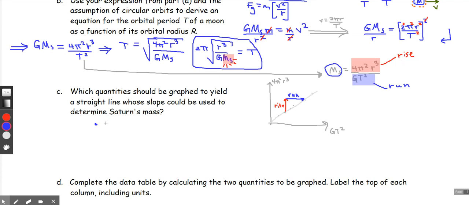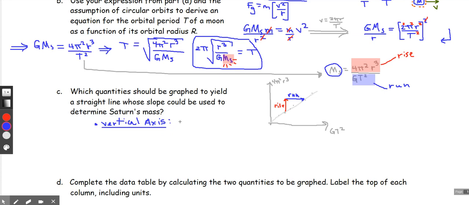And then one more time, just to be perfectly crystal clear, I just write vertical axis. I just be super clear here.